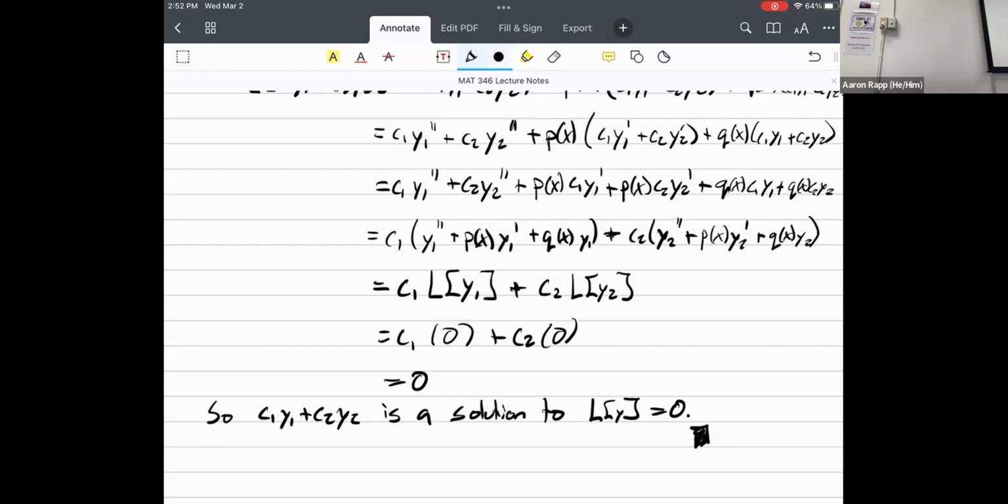What did we have to assume that we already have? Two solutions. So, as long as we assume we have two solutions, we know we can get as many solutions as we want. But we still have to have two solutions.